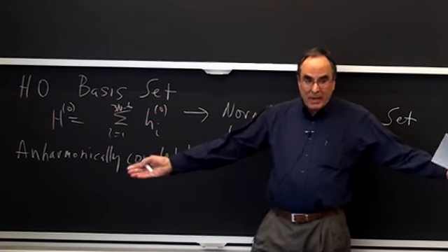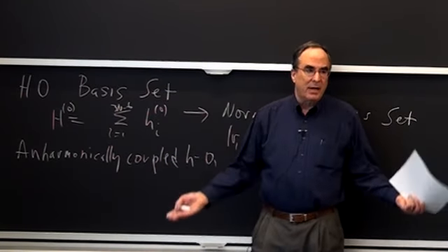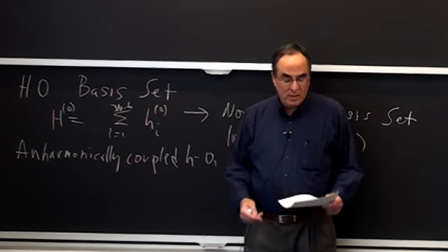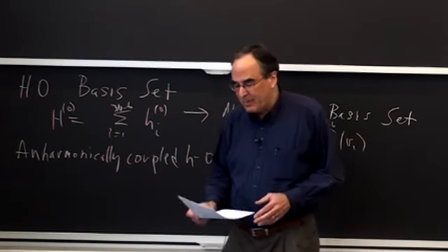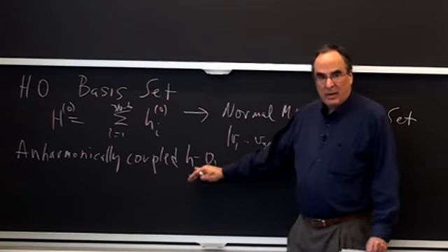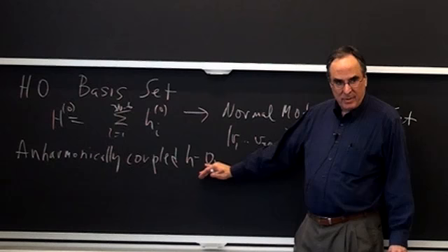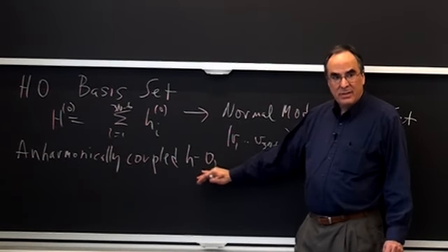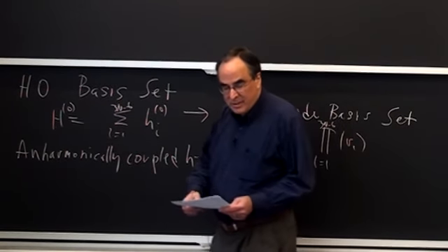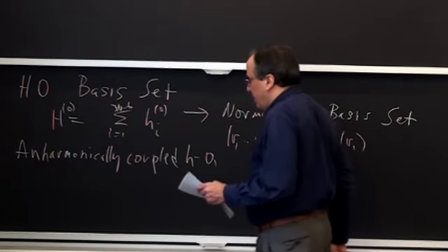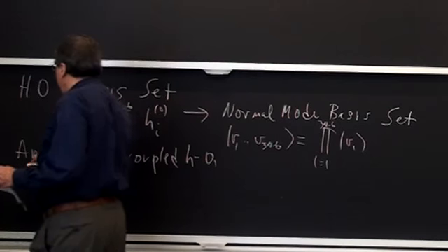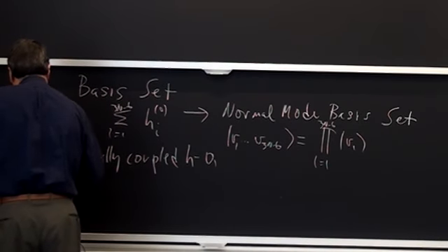So we have harmonic oscillators and we introduce anharmonic coupling terms, and we use what we know about creation and annihilation operators to evaluate all conceivable matrix elements among these zero order states to describe the real problem. And so when we do this, we get what are called polyads.